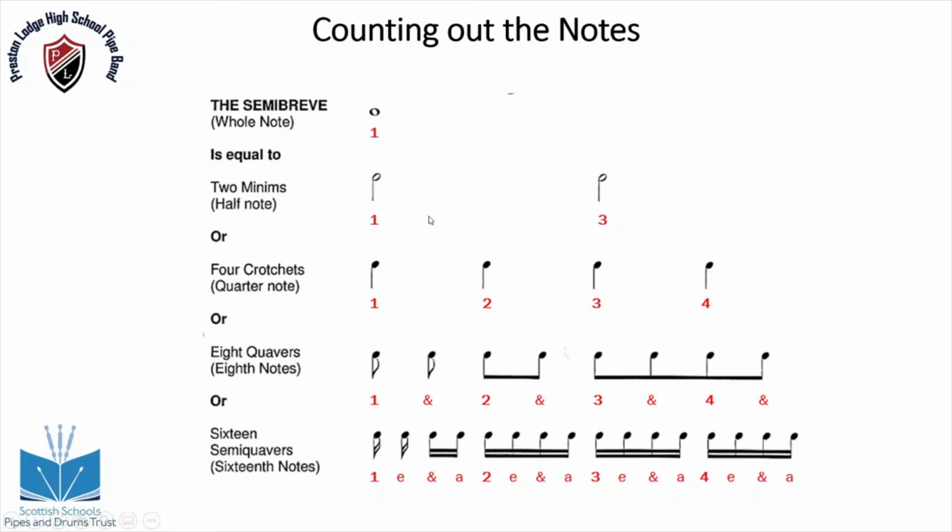You've got 1, 2, you're not playing anything there. 3, you're not playing anything there because it lasts so long. The semi-breve, boring as I said before, you count and you're just waiting. Quavers, it was 1 and 2 and 3 and 4 and, and then semi-quavers, 1 e and a, 2 e and a, 3 e and a, 4 e and a.